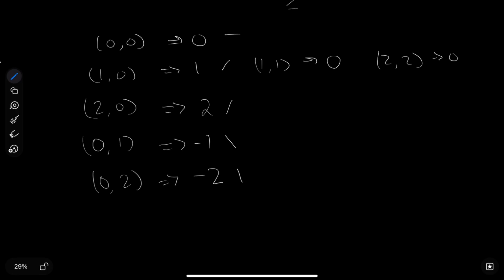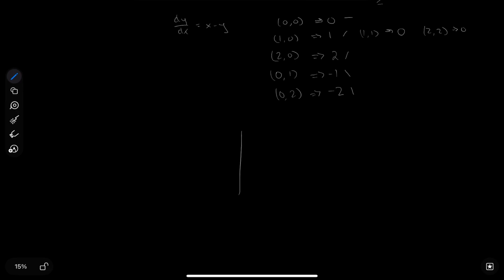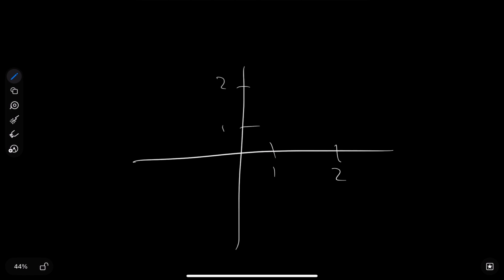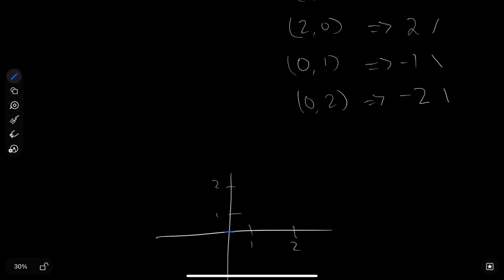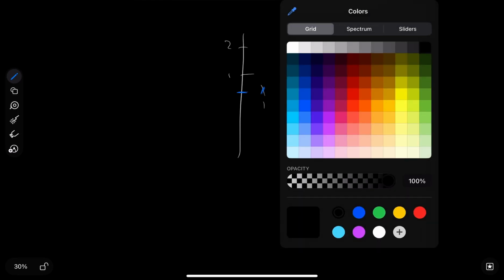So we can draw the slope field, which I'm just going to draw for these points I have here. So at 0, 0, we have a slope of 0. I'm going to do it in a different color. At 1, 0, we have a slope of 1, 2. Sorry.